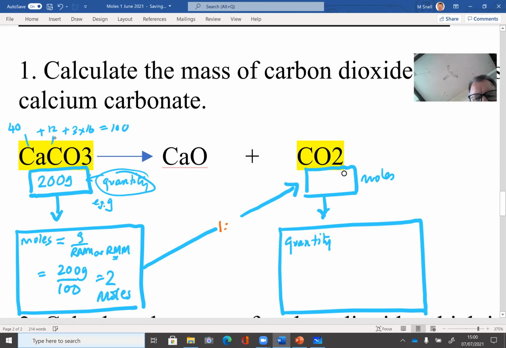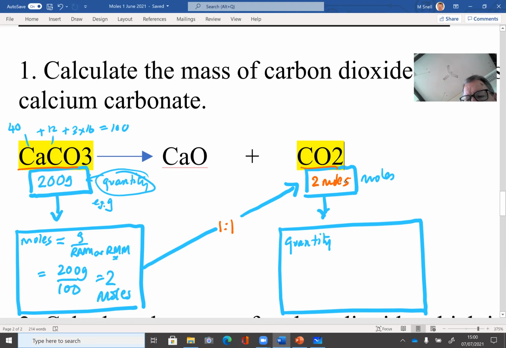So my ratio is 1 to 1. 1 calcium carbonate gives 1 carbon dioxide. So 2 moles will give 2 moles. That's all we're doing. We're just saying, if I've got 2 moles on the left, how many moles on the right? So there we are, 2 moles.